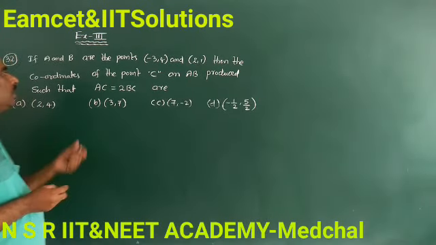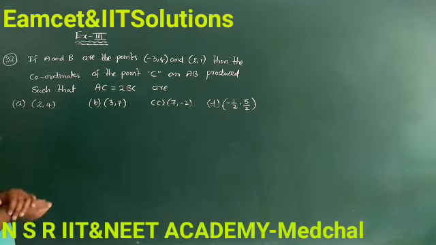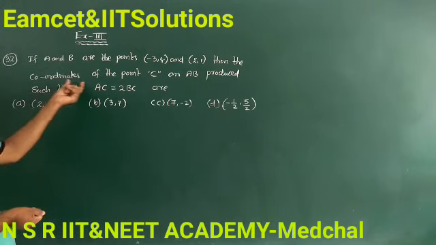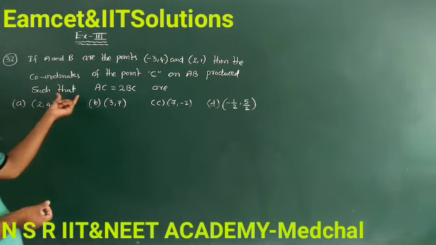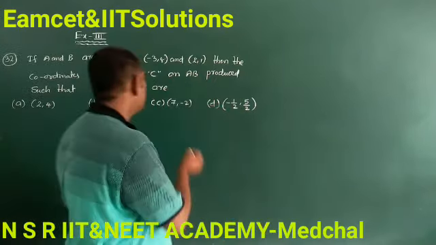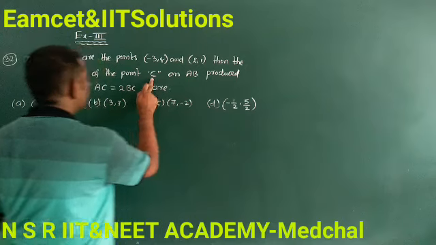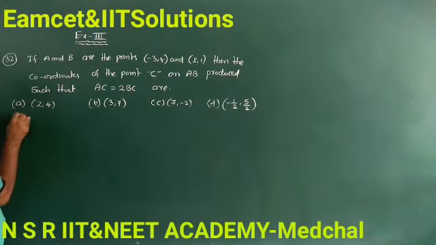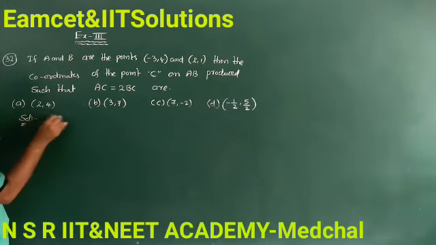So next question: if A and B are the 2 points (minus 3, 4) and (2, 1), then find the coordinates of point C on AB produced such that AC is equal to 2BC. So we need to find the point C. Here one condition is given.